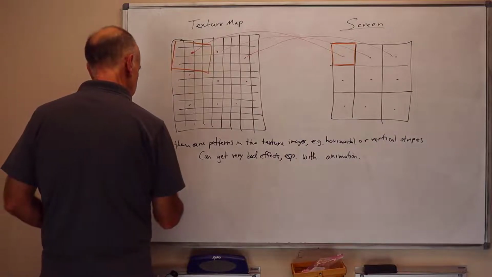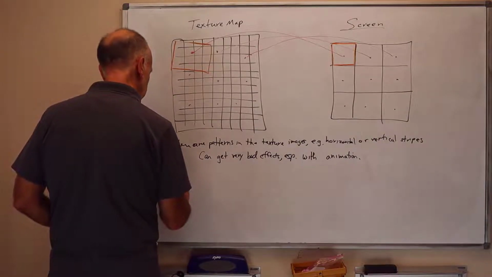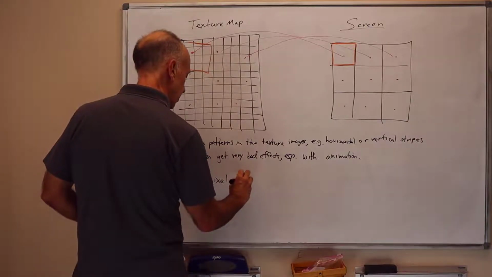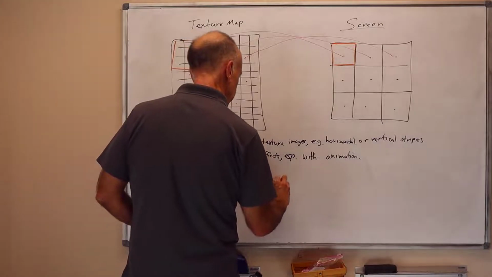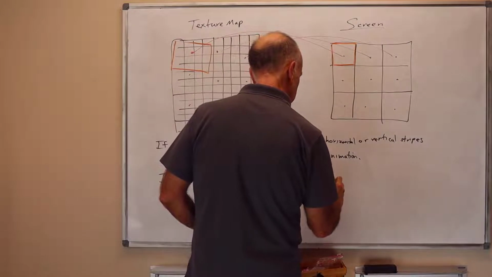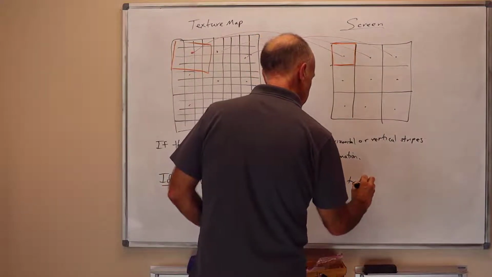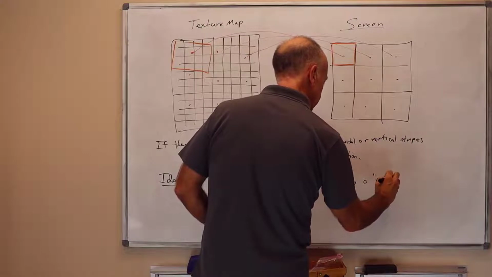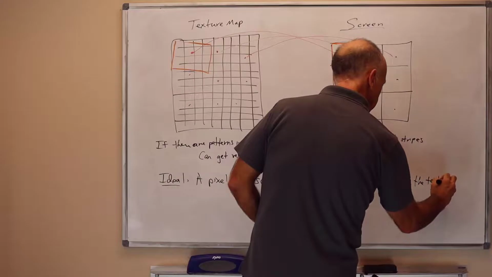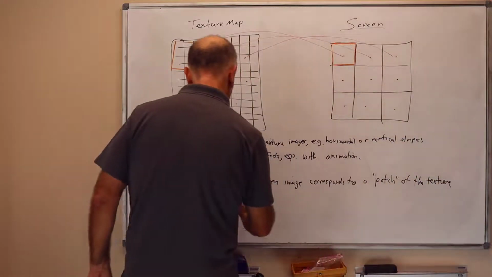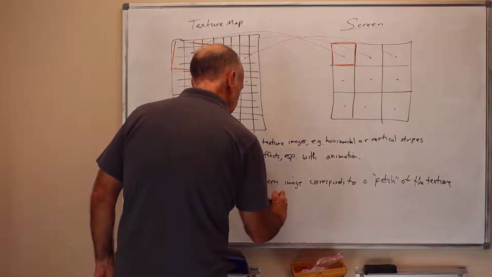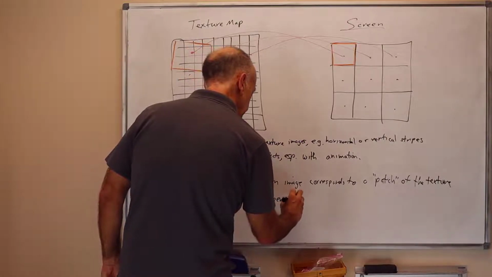But the ideal would be a pixel in the screen image corresponds to a patch of the texture map, and the screen pixel gets the average color from that patch.